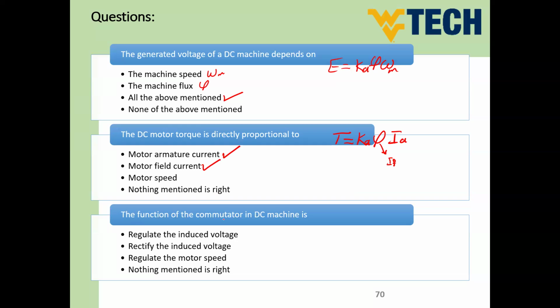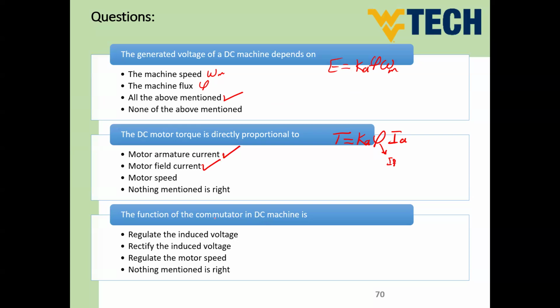The function of the commutator in a DC machine is: regulate the induced voltage, rectify the induced voltage, regulate the motor speed, or nothing mentioned is correct. So we mentioned together, guys, in our classes, and we could see some videos for that.